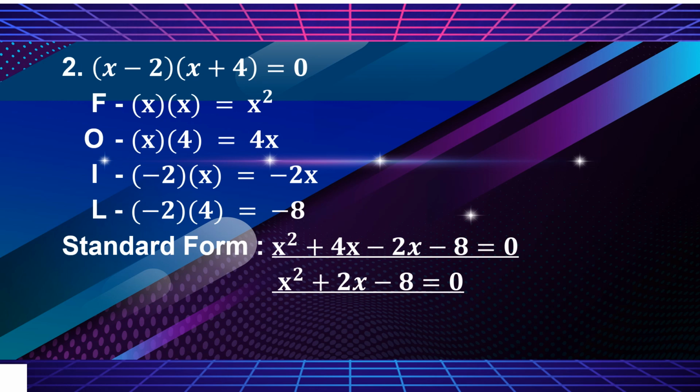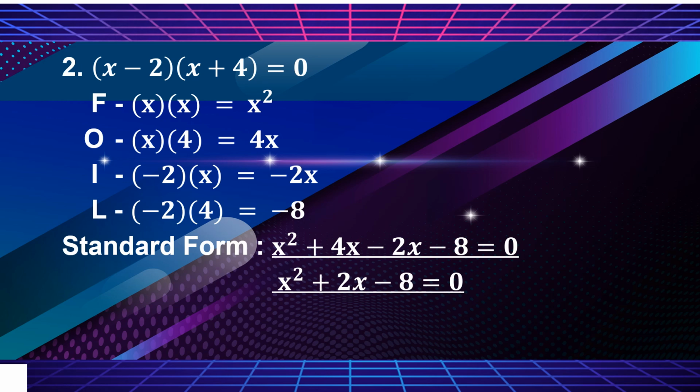Take note, in multiplying a variable, we copy the same variable and we add the exponent. The exponent of our x is 1, which is invisible. So 1 plus 1 is 2. That's why in multiplying x times x, the answer is x squared.